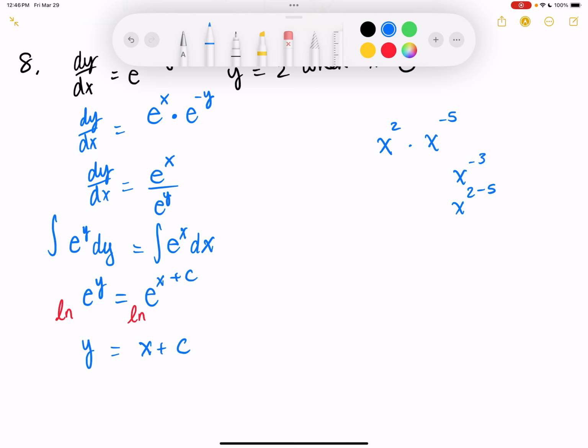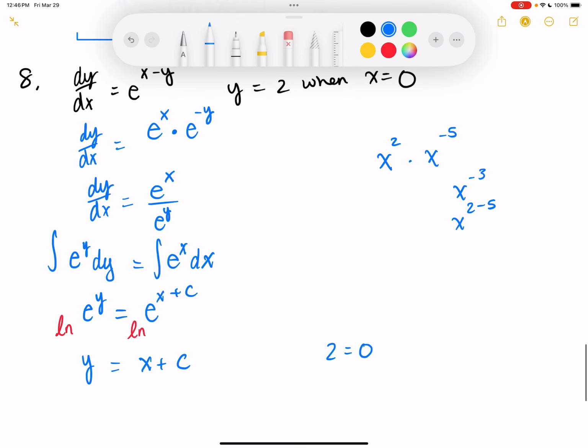So then 2 is equal to 0 plus c. Actually, I think we need to do it, the plus c should be on the like side over here.